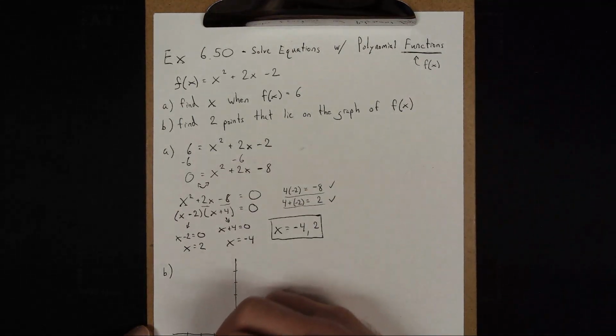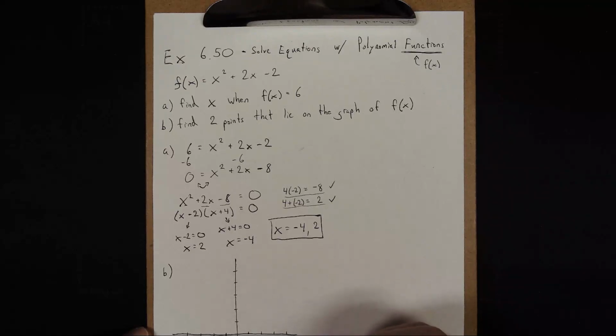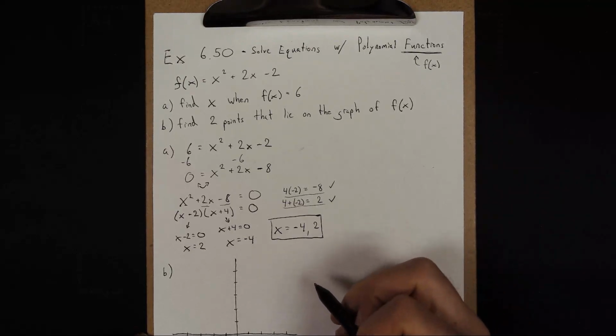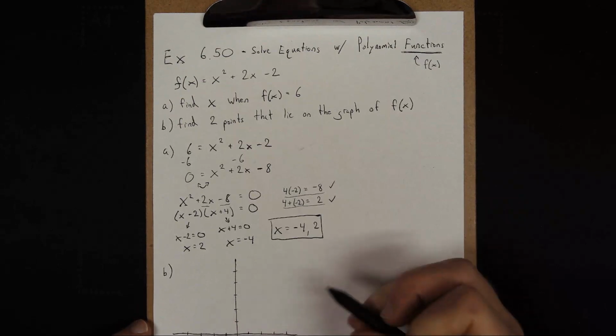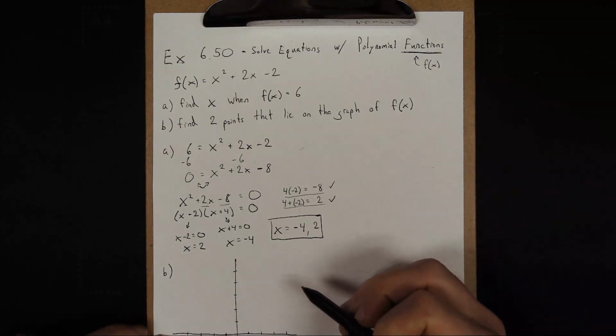Okay. Our vertex is actually at -1, -3. We don't need to worry about how to do that yet.